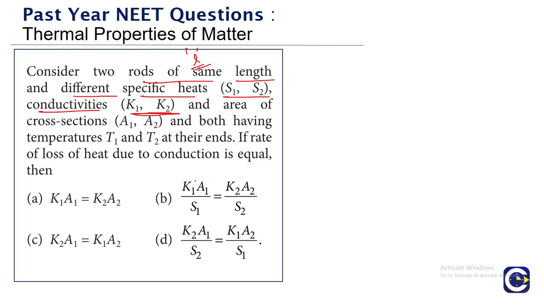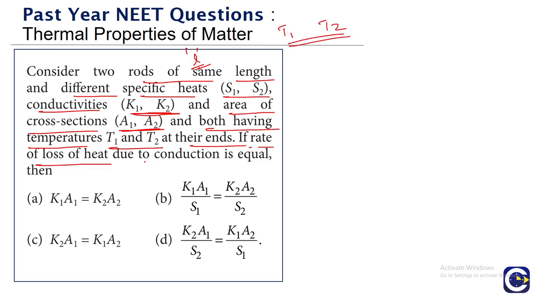Obviously, when they are made of different materials, thermal conductivity being a property of the material type will also be different. The area of cross section, A1 and A2, is also different, and both have temperatures T1 and T2 at their ends. If one end of the rod is maintained at T1, the other is maintained at T2, the same for both rods.